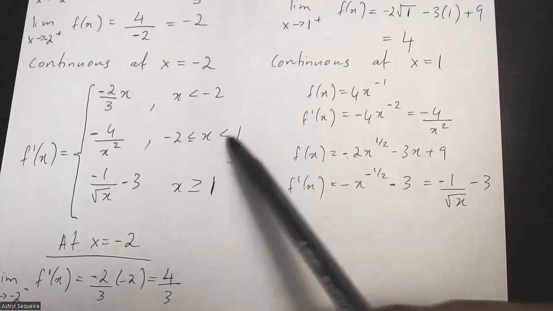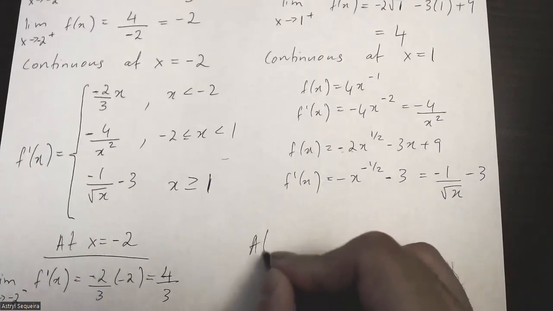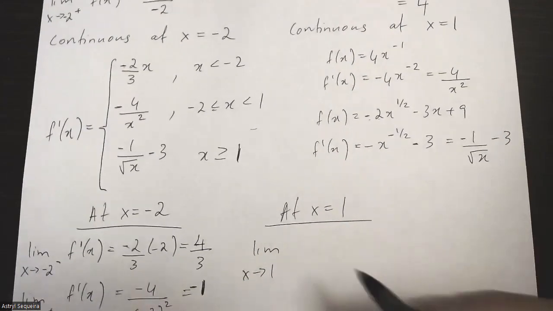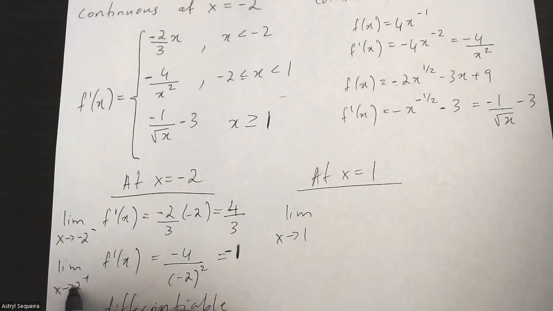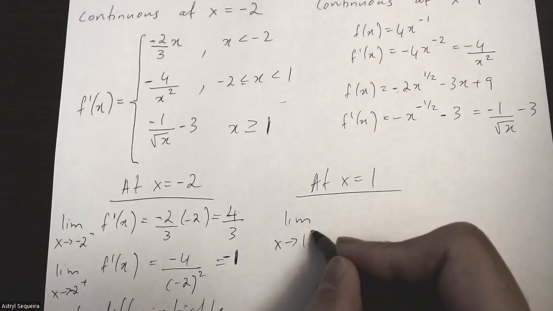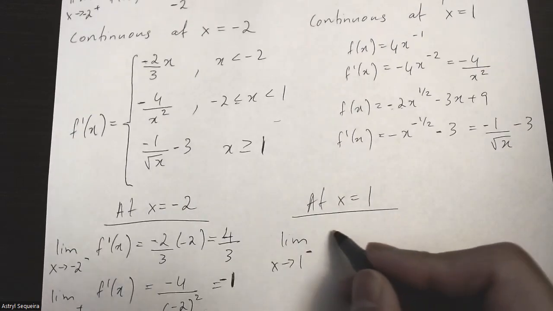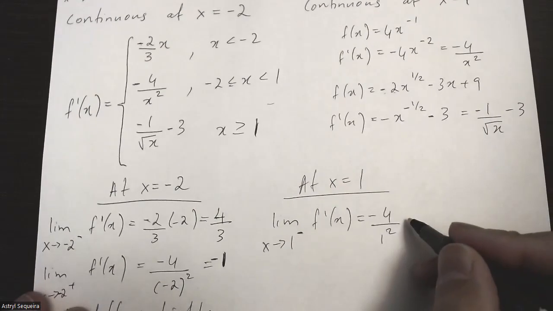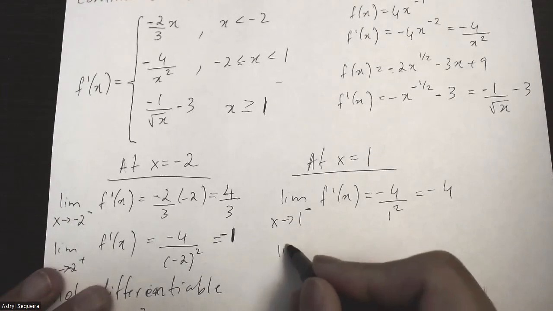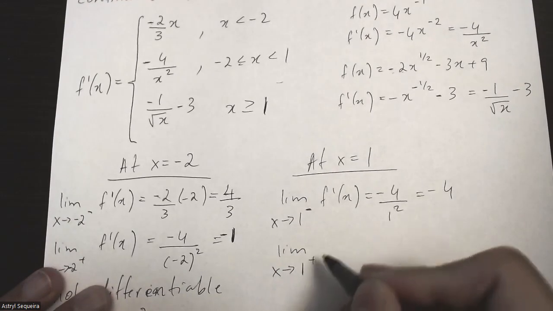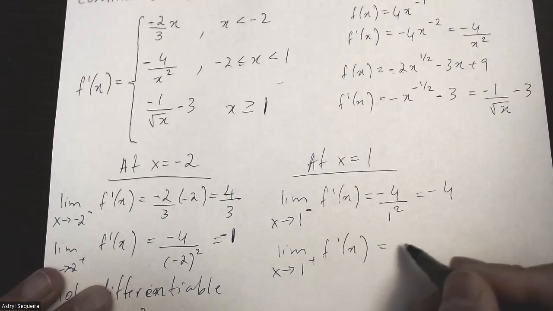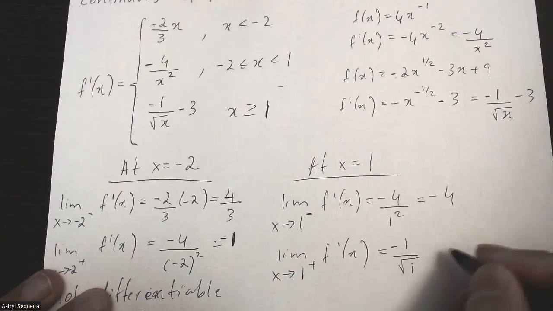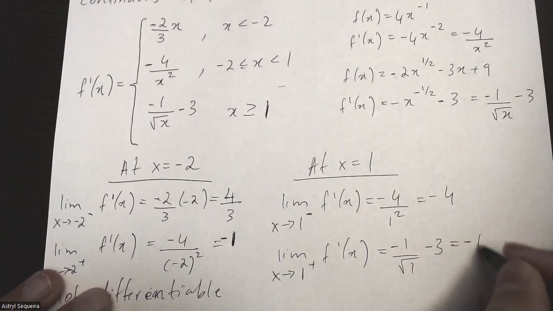Then I've got to test this point here, 1. At x equals 1, the limit as x approaches 1 from the negative side, that's subbing 1 into the second function, so -4 over 1 squared, which is just -4. Then the limit as x approaches 1 from the positive side of f prime x, subbing it into this function, -1 over root 1 minus 3, which is also -4.